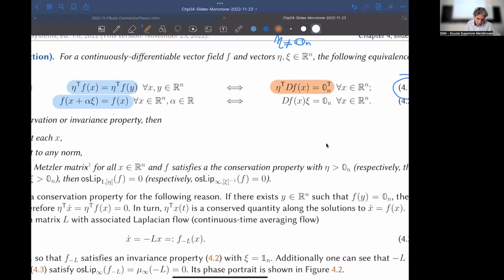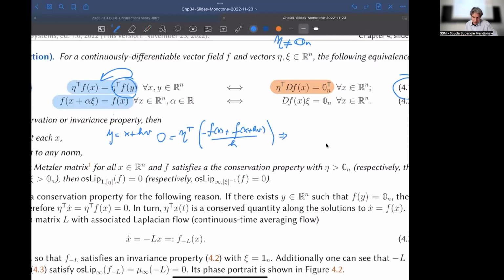All right. So the proof of this is, let's set y equal to x plus h in the direction v. Then take this and bring it to the other side. Then I get eta transpose, open parenthesis, f at x minus f at x plus hv. I am going to multiply the entire equation by 1 over h, which I can do, right? And then there's a minus sign, which is like multiply by -1, which doesn't make a difference. All of this I know is equal to 0. So now I take the limit as h goes to 0.